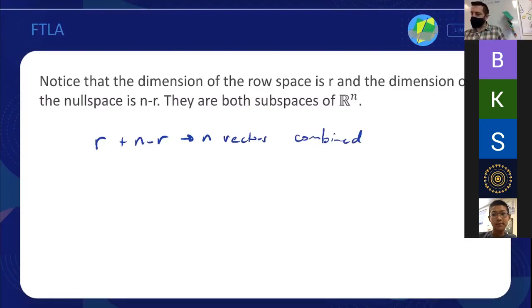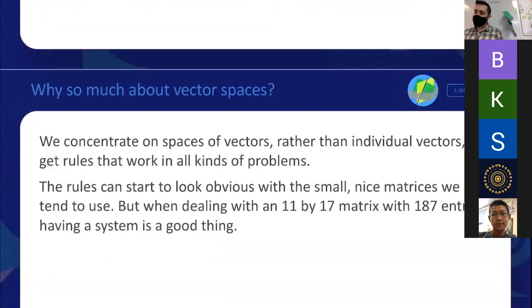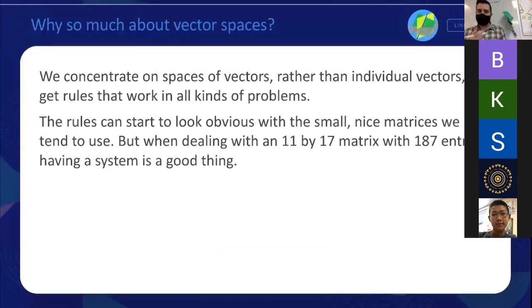So that's kind of where we're heading, that you should start to see some of that in the homework here. And the reason we look so much at vector spaces is we want to generalize what we're finding, generalize what we're seeing. It's easy when you're doing these 2x2s or 3x3s or 2x3s or whatever to go, why would I need to understand all this when it's kind of easy to start seeing what's happening every time. That's true.